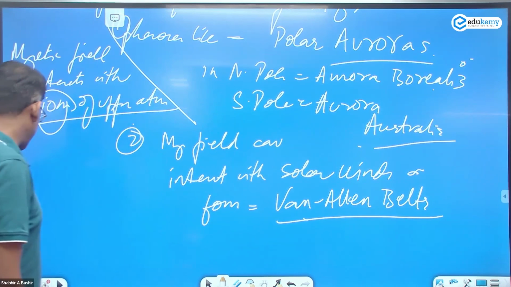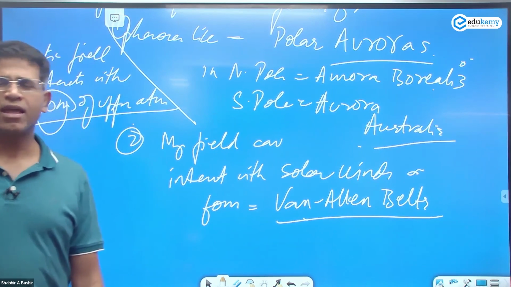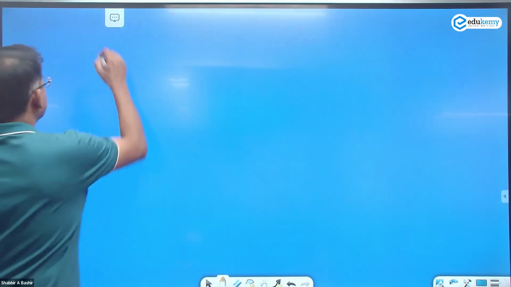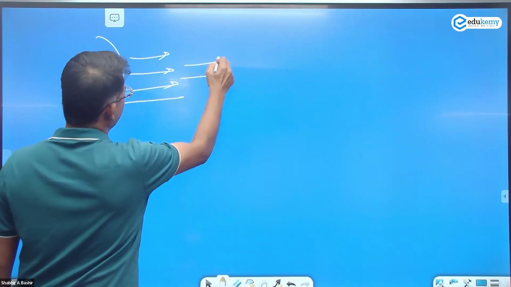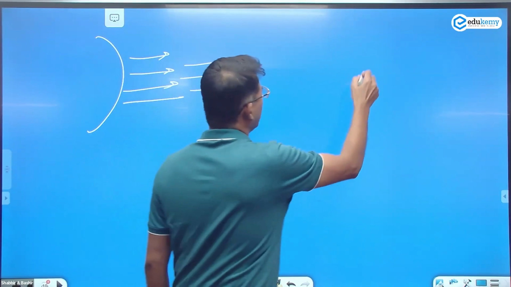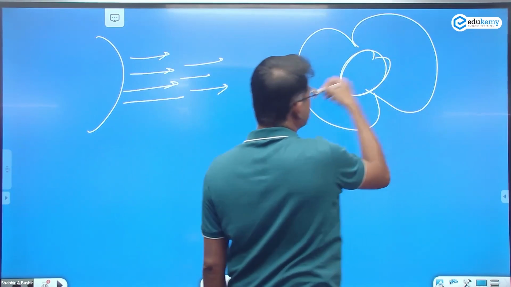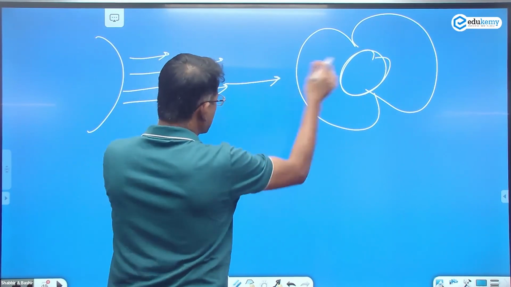So it's like Van Allen, V-A-N A-L-L-E-N. So it's like this is the sun here. From the sun, there is some solar energy coming. This is the Earth here, and around the Earth, okay, there is this field of magnet, and the interaction happens.